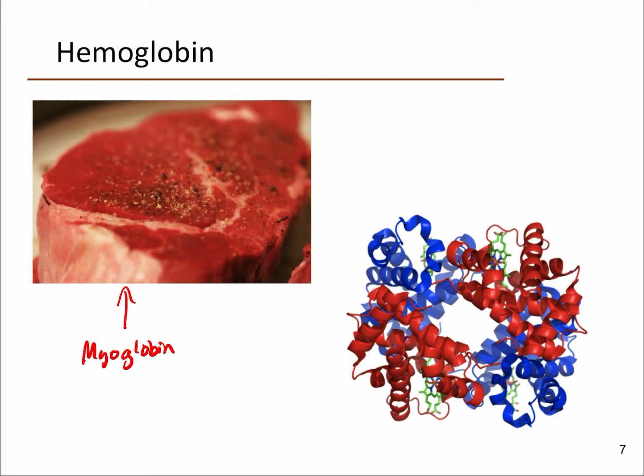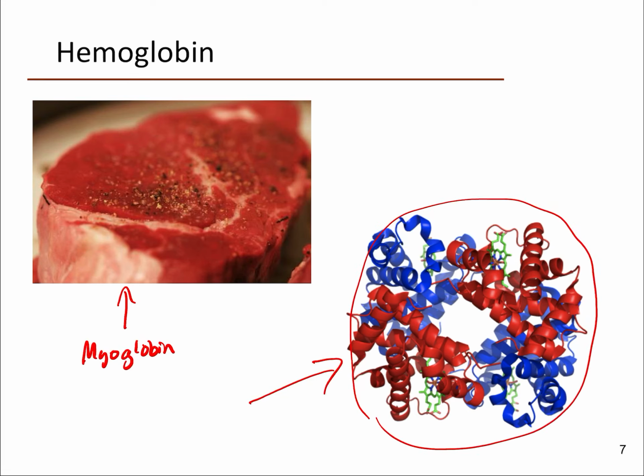Myoglobin and hemoglobin are made up of very long strings of amino acids that bundle up into the structure you see here on the right. Hemoglobin is actually a bit more complex in that it has 4 individual chains that all come together to make this big glob. But that's what a protein looks like, and we have these fancy ribbons to show what the structure looks like.